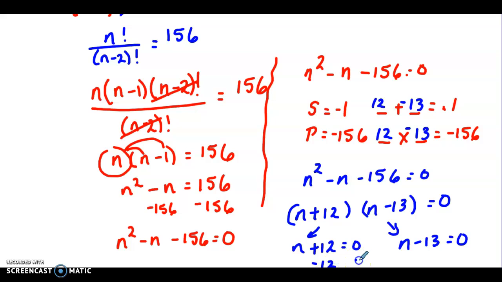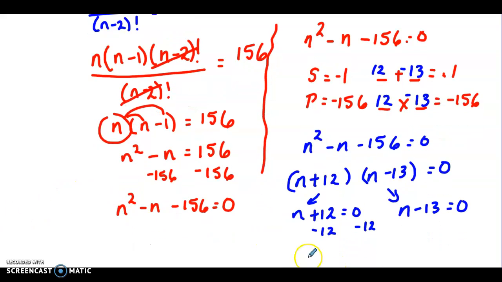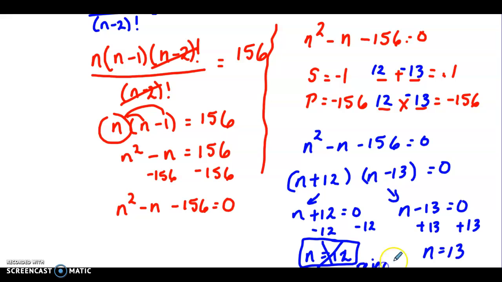Solving for n in each case, we have n equals negative 12, or n equals 13. n has to be a positive number, so we reject the negative. And there's one solution. n must be 13.